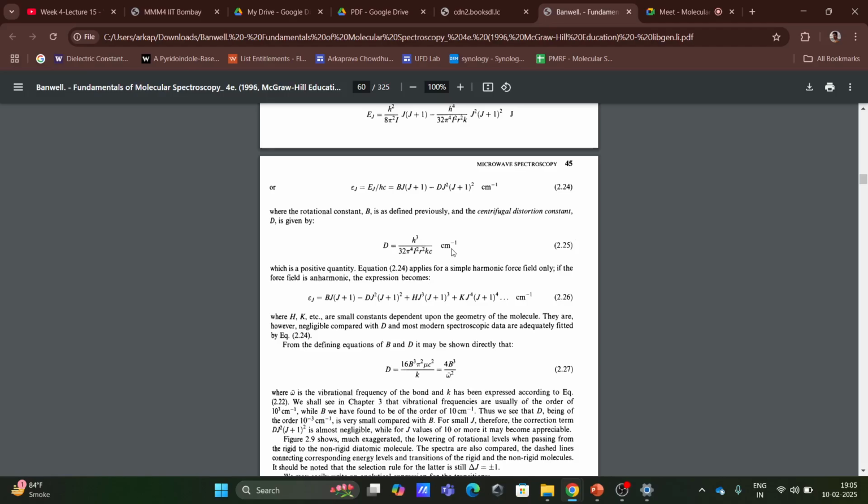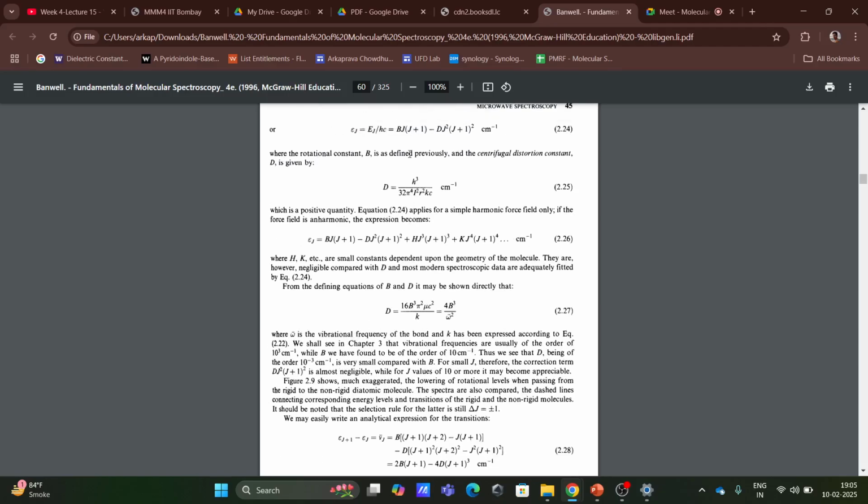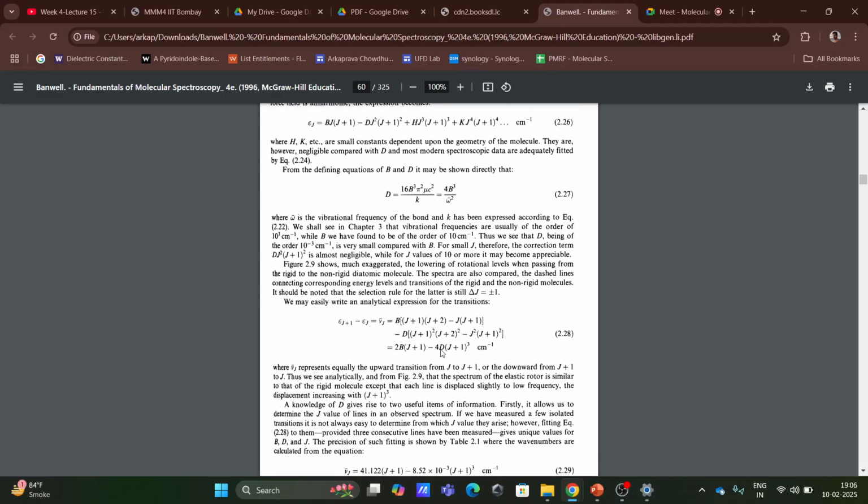Just remember the unit is in centimeter inverse, just like B. And when you put this D into the energy term, now when you are measuring the difference between the energies, it becomes 4D into (J plus 1) whole cube. Earlier your difference in energy was 2B into (J plus 1). Now another term has been added.